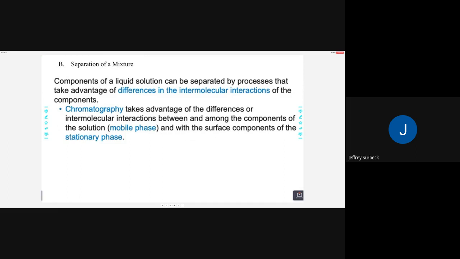We have the dispersion forces, which don't really help us out, but then we have dipole, which is polar bonds you have to have, or we have hydrogen bonds, which are an even stronger version of dipole. Now, we talk about mobile and stationary phase, essentially mobile meaning moving, and you'll see that on the diagram that we're going to show.